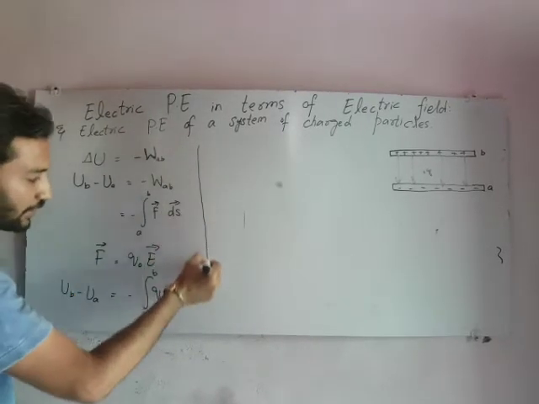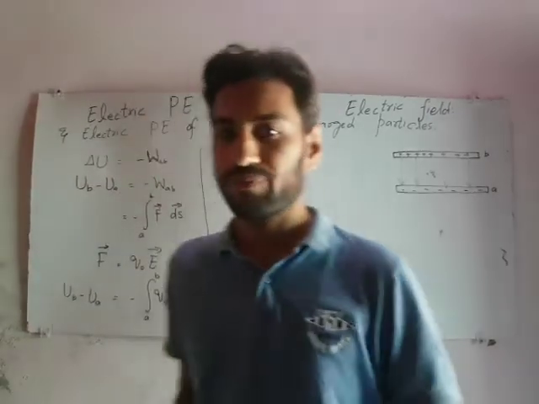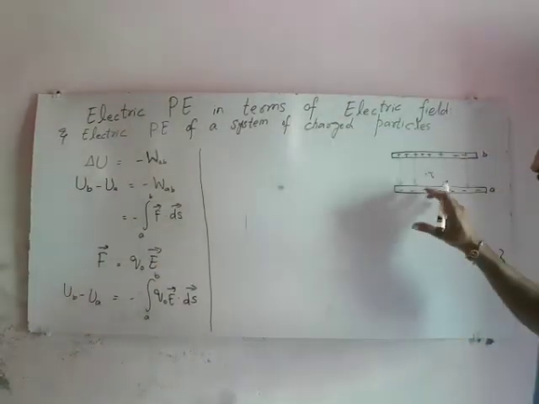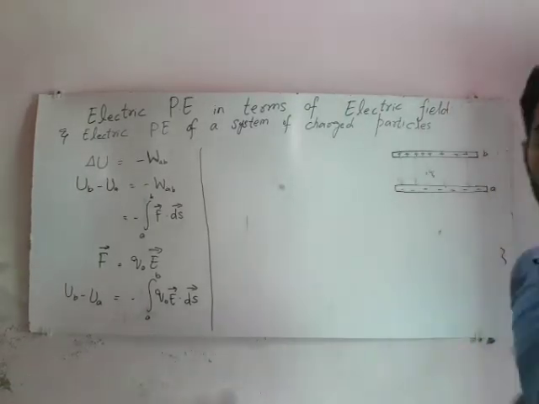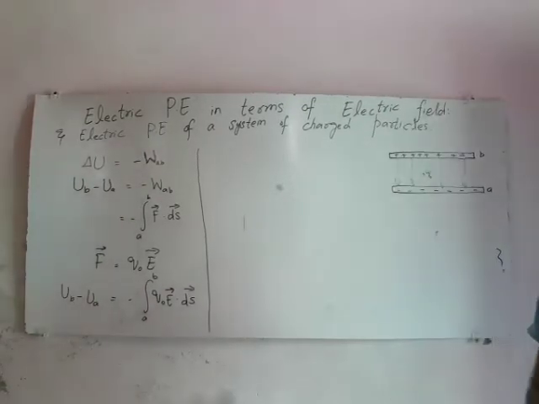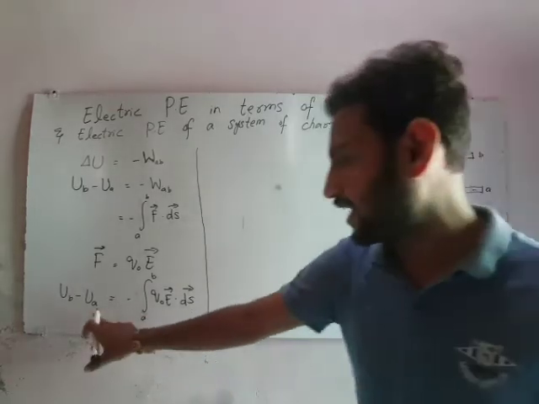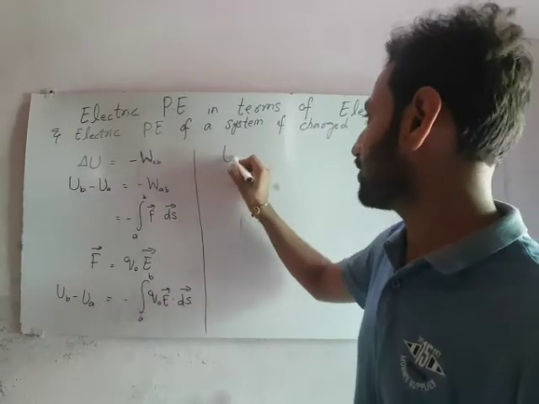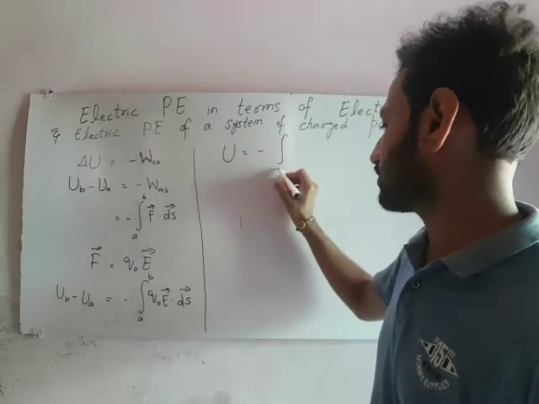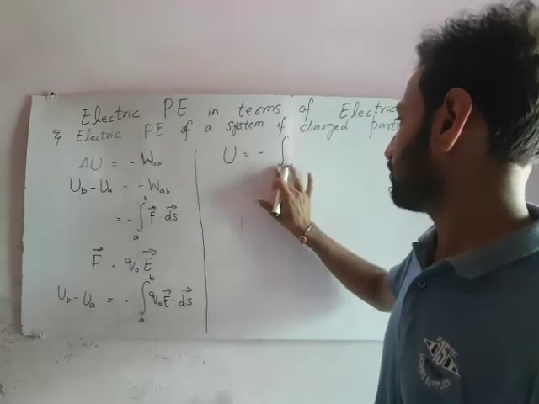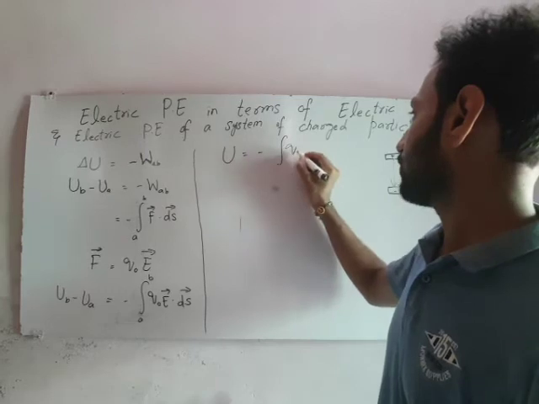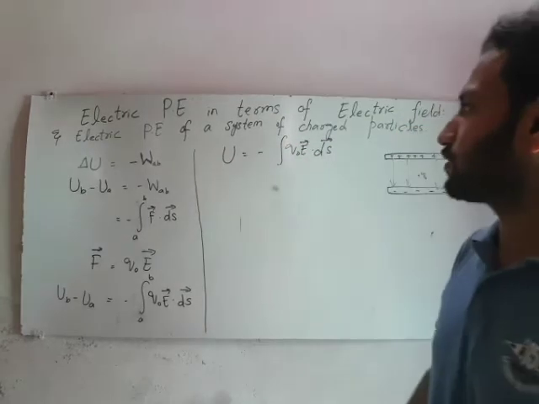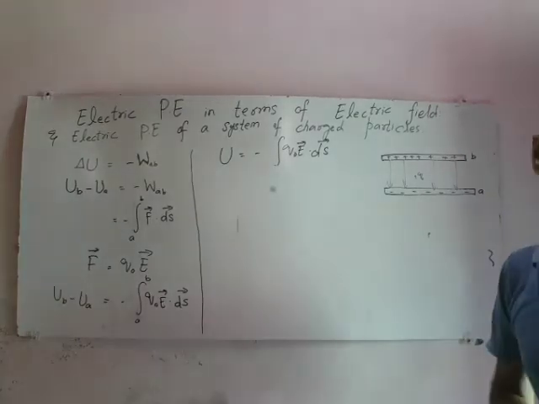Now if the separation between the plates is infinite, meaning there is a very large separation between these two plates, then we will consider this at an infinite distance. This is the expression for the electric potential energy in terms of electric field.